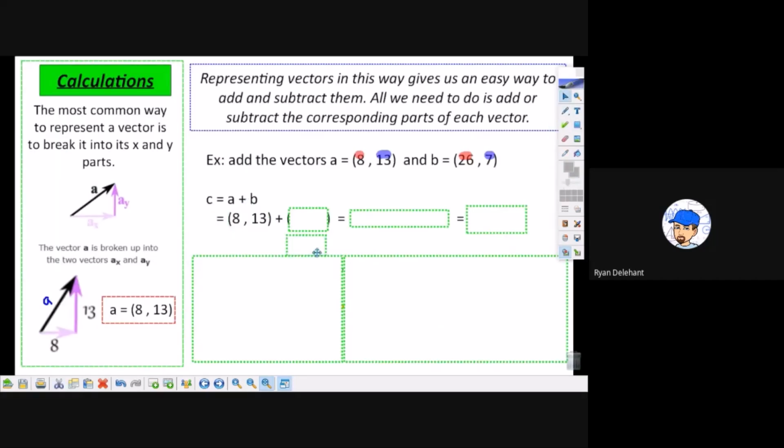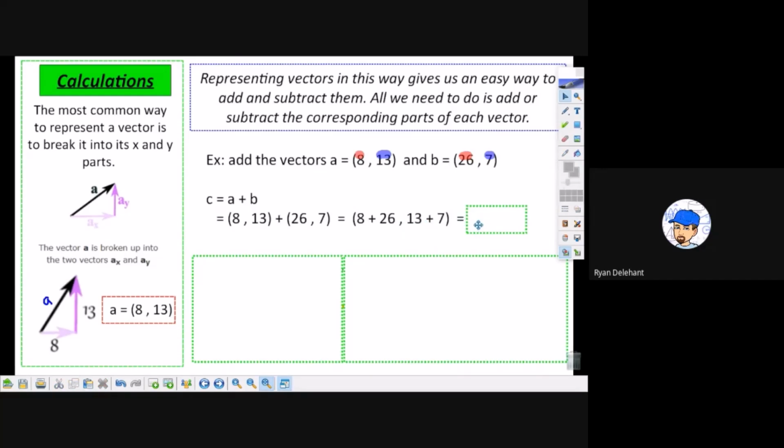So mathematically, we'd put our A and our B here. We're going to add the 8 and the 26, because those are the two X components. I'm going to add the Y's, which is the 13 and the 7.